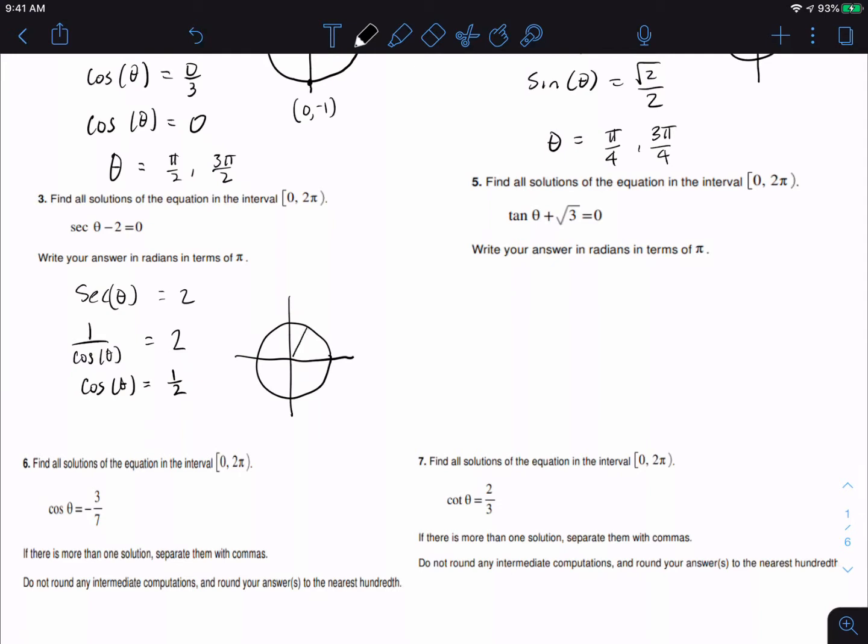So that means it's going to occur here and here because cosine deals with x, so it's the x coordinate, so it has to be to the right of the y-axis. And that occurs at pi over 3 and at 5 pi over 3. And again, it's because of our domain restriction. My theta is going to be pi over 3, comma, 5 pi over 3.